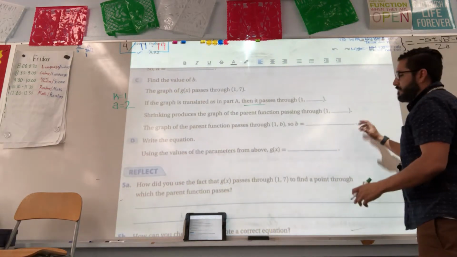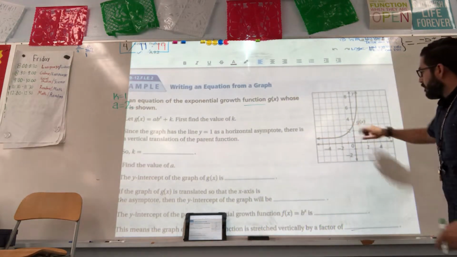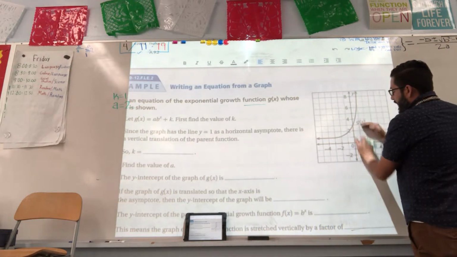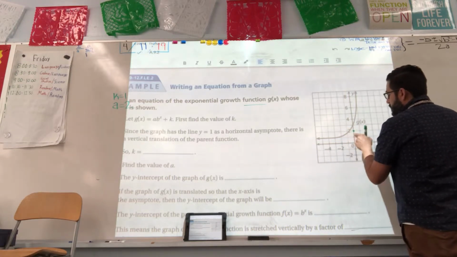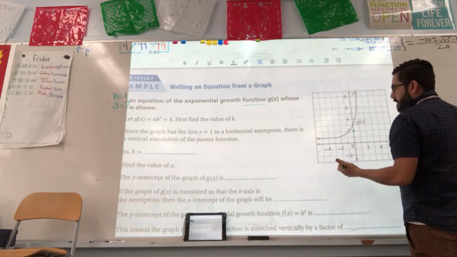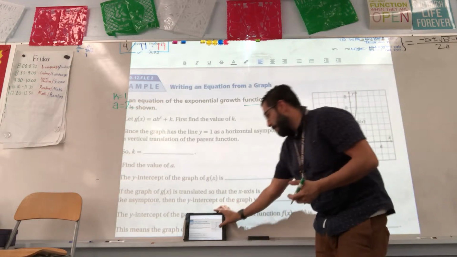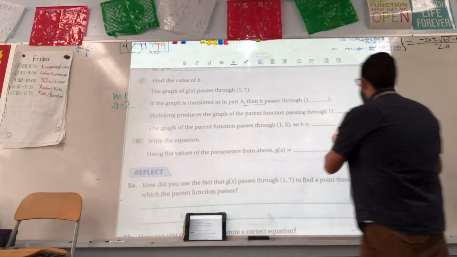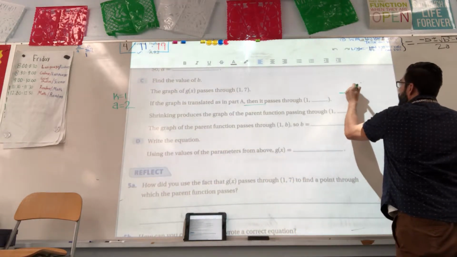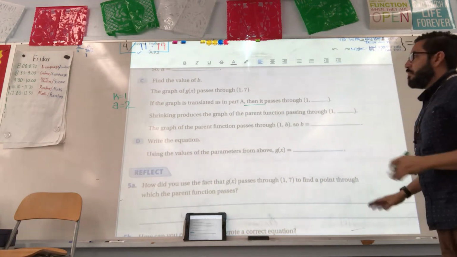Just to go back really quick, we already have the point (0, 2), but we want to know what's the next point we're looking at. What's another point? That way, once we graph those two points, we can actually graph the line. So we're going to need a couple of points there.